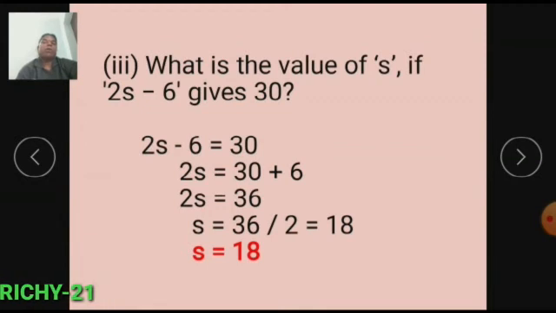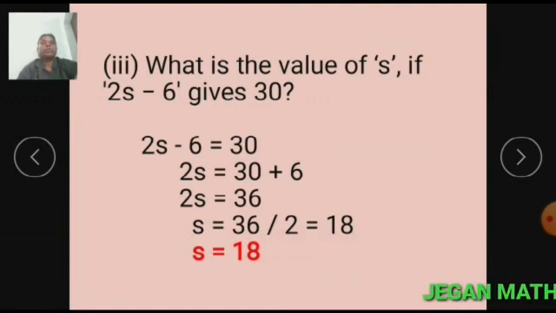So, we move the minus 6 from the left hand side to the right hand side. So, minus 6 changes to plus 6. So, 2s equals 30 plus 6. 30 plus 6 equals 36. So, 2s equals 36. Therefore, s equals 36 divided by 2, which equals 18. So the s value equals 18.